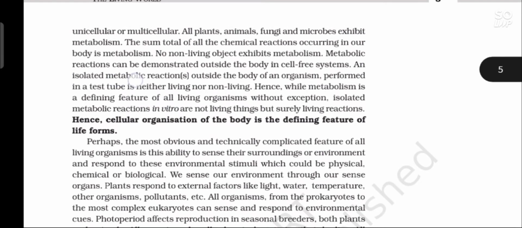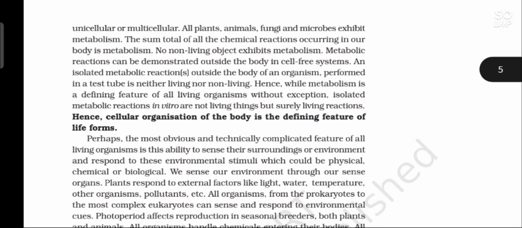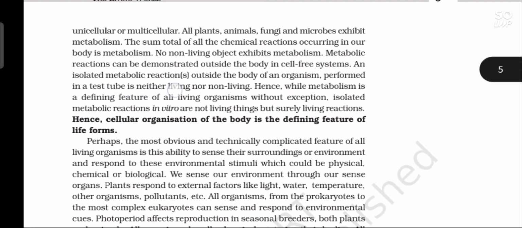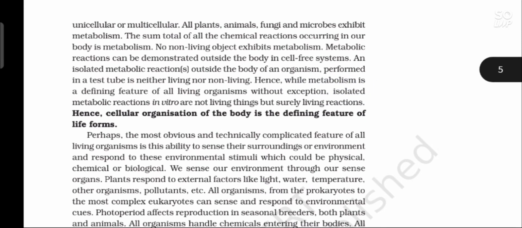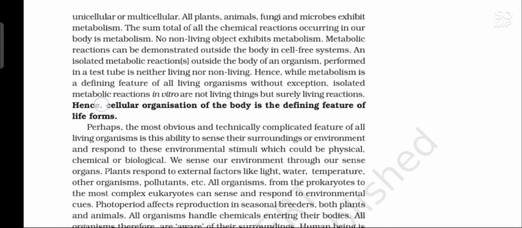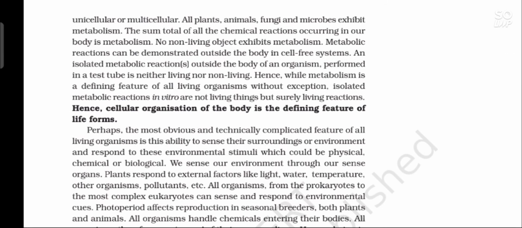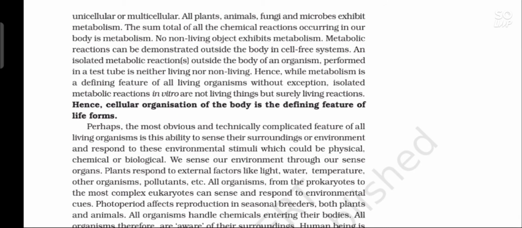An isolated metabolic reaction outside the body of an organism, performed in a test tube, is neither living nor non-living. Hence, while metabolism is a defining feature of all living organisms without exception, isolated metabolic reactions in vitro are not living things, but surely living reactions. Hence, cellular organization of the body is the defining feature of life forms.